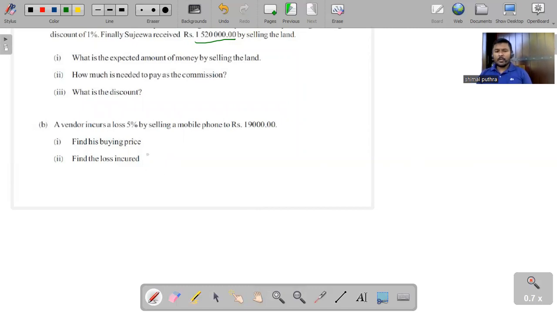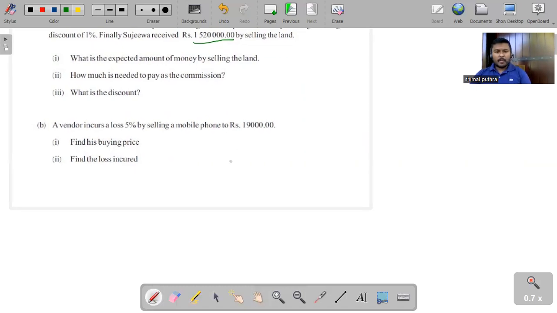He's taking the phones and he's going to sell them, but he incurs a loss of 5% by selling the mobile phone. Find his buying price. There was a phone. This is the phone. We don't know this buying price.